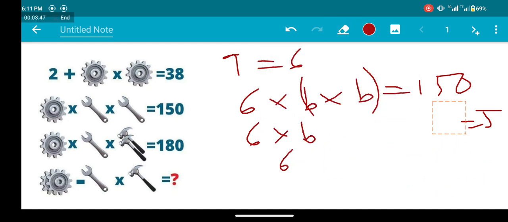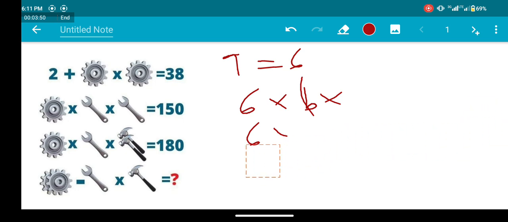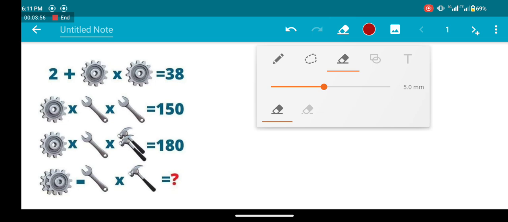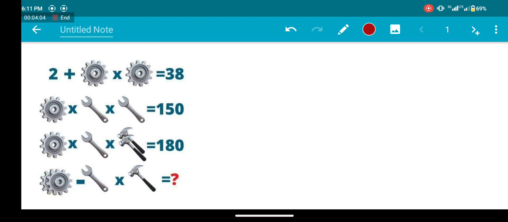Okay, so let's proceed to the third equation. In the third equation, we can see we have a combination of two of the objects. We already know what their values are, right? So we now know our A is equal to 6 and our B is equal to 5.